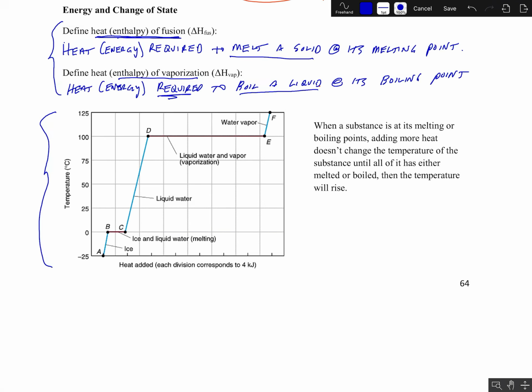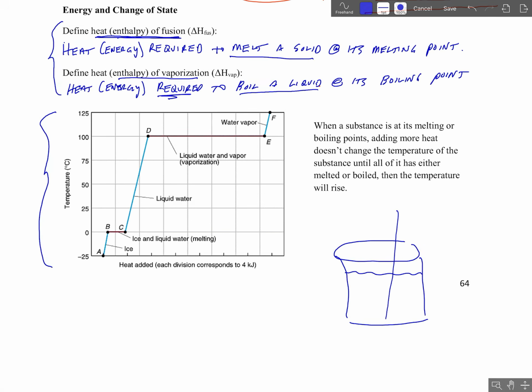So let's start with, pretend you have a beaker, and one evening you fill that beaker up with water, and you place a thermometer in that beaker. So far, so good. And you stick it in the freezer overnight. And then the next morning you get it out, and the thermometer says negative 25 degrees Celsius. It is cold, in fact. This is all solid, isn't it?